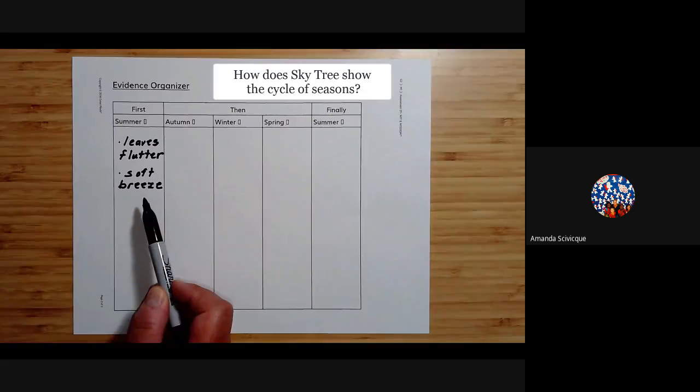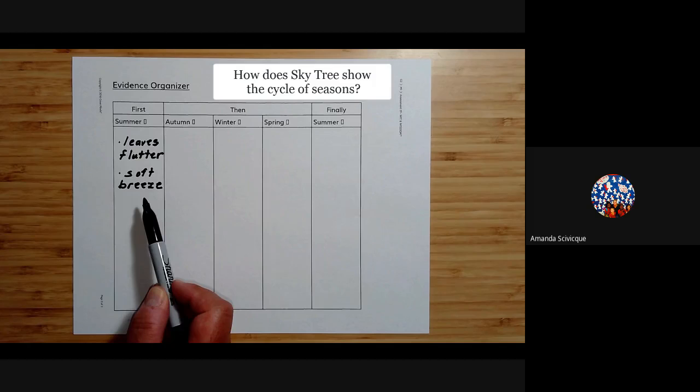I made sure to put this in the first column because this is the beginning of the story. And also on this page, I saw the word summer. I use bulleted notes and not full sentences because this is just an organizer. I'm not writing my whole paragraph here.